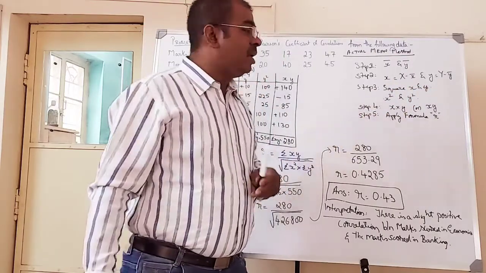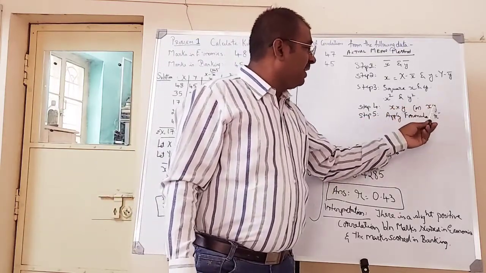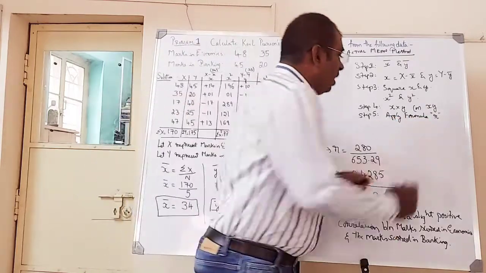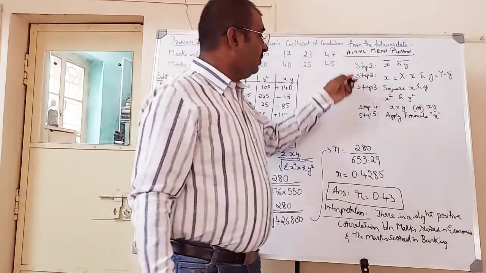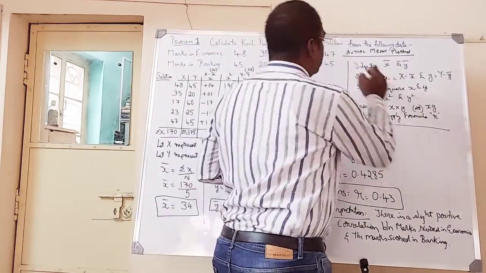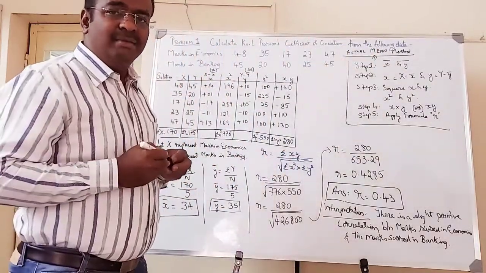In step number 4, we find the product of x and y, which is xy. And step number 5, we apply the formula for correlation, which is R. These are the 5 simple steps that you need to follow while solving problems under the actual mean method.